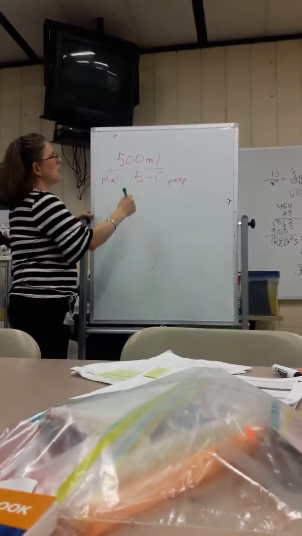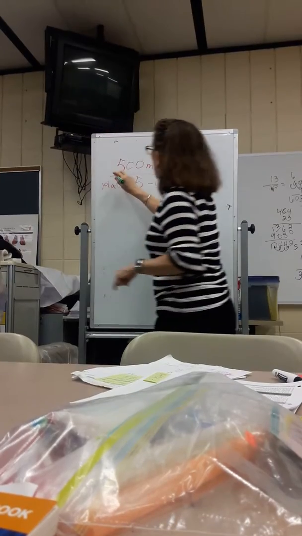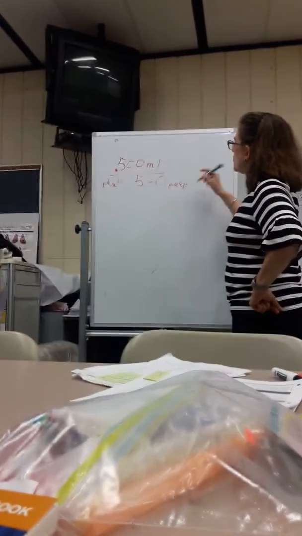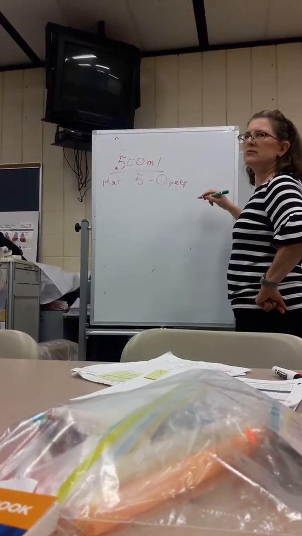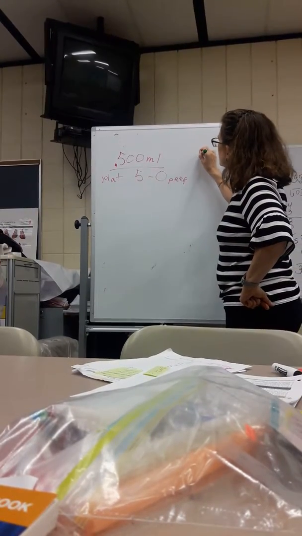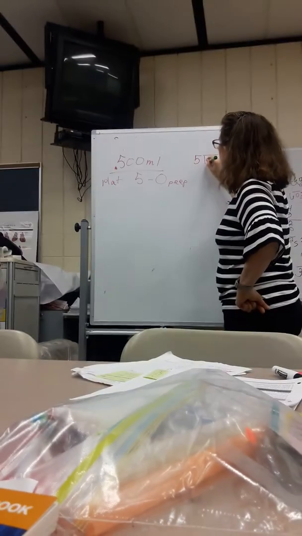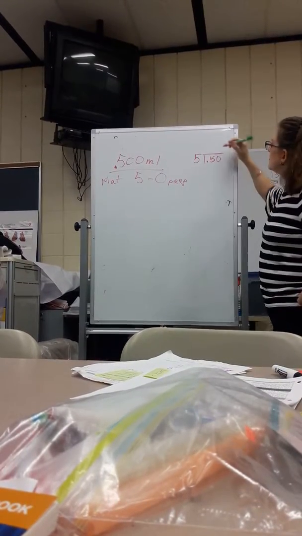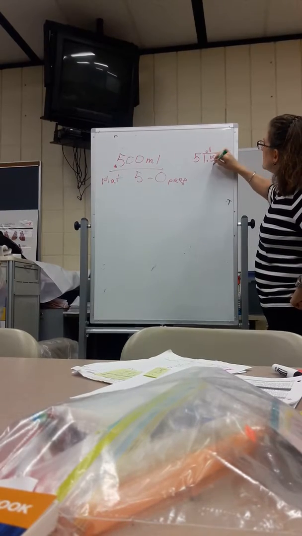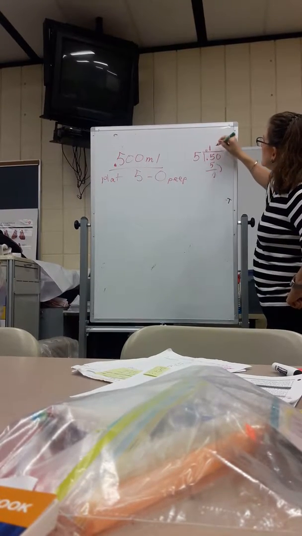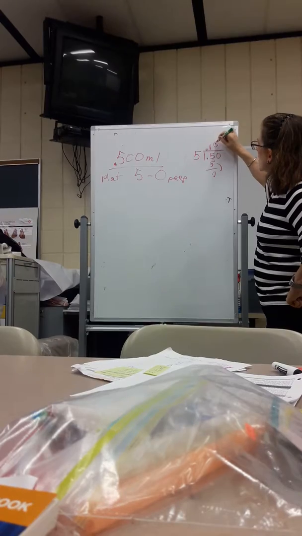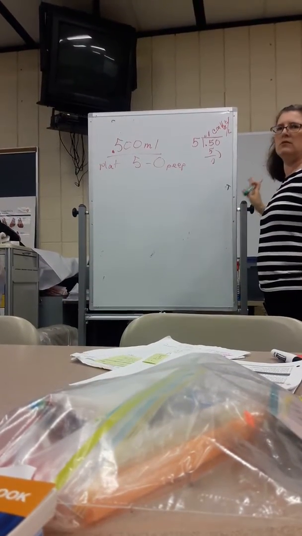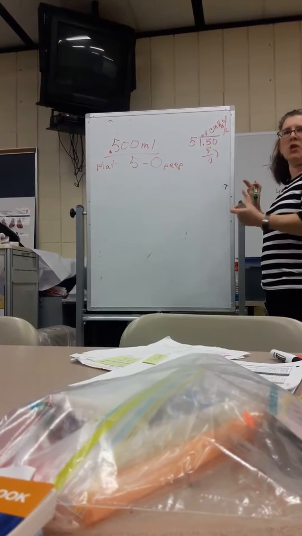This was our first one, so I'm going to convert that. 5 into 0.5 is 0.1, so 0.1 liters per centimeter of water. That was the original compliance.